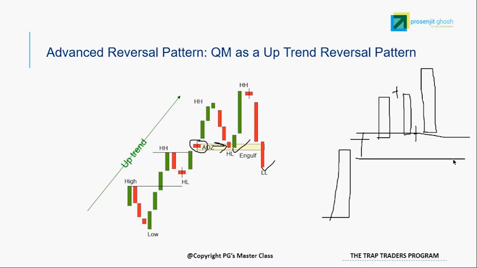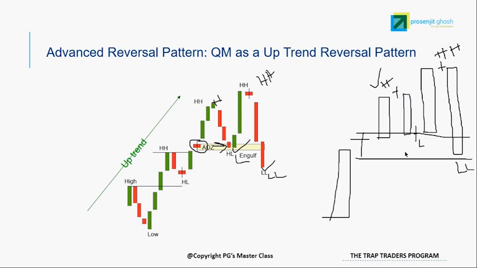Okay, so this is the authentic zone. This is the low, this is the high, this is the higher high, and price engulfs the low. In both of these structures, one thing is common: there is a high, there is a low, there is a higher high, and there is a lower low.